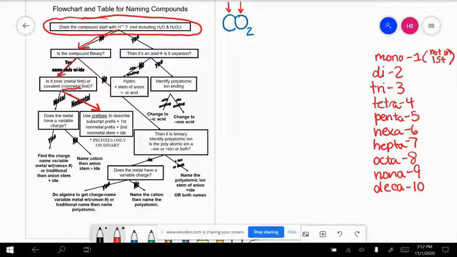Those are the prefixes that you use to indicate the subscripts for a particular nonmetal.